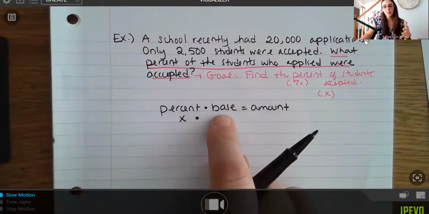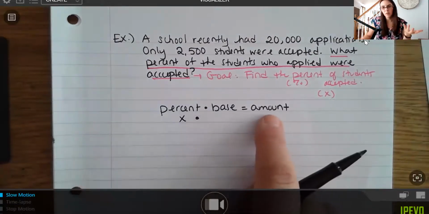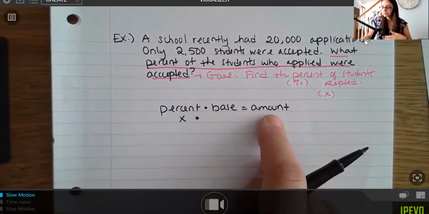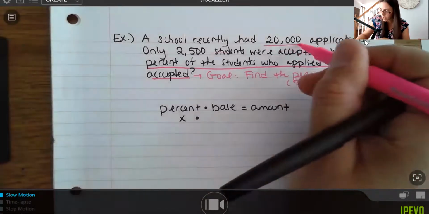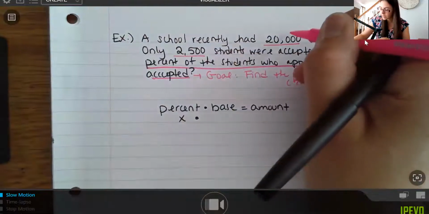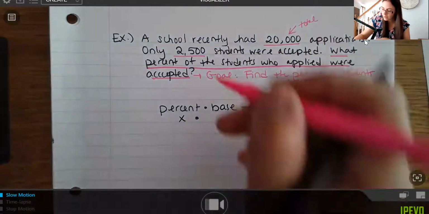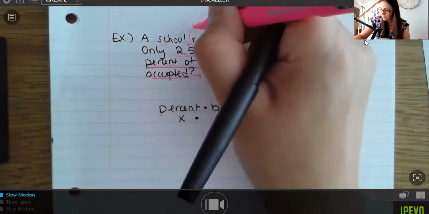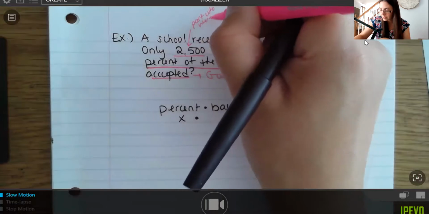Now, your base, remember, is usually a total or a whole amount, and the word amount usually represents a part or a portion. So if I go back through my data, I do see I have two main values, right? I have the 20,000 applications. These are the total applications submitted. And then I have the 2,500. This is the part who were accepted.